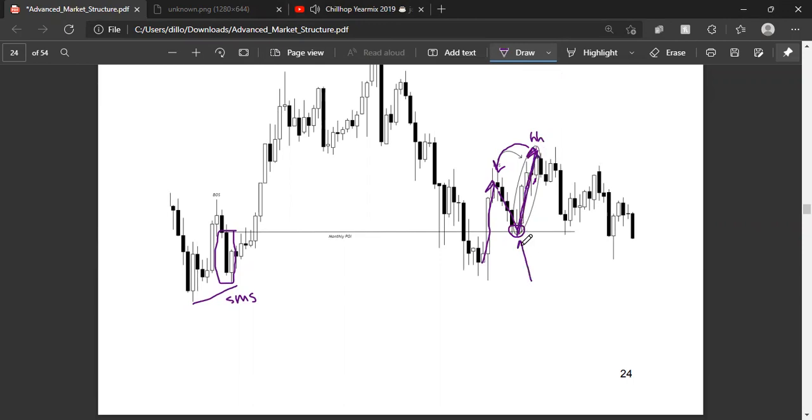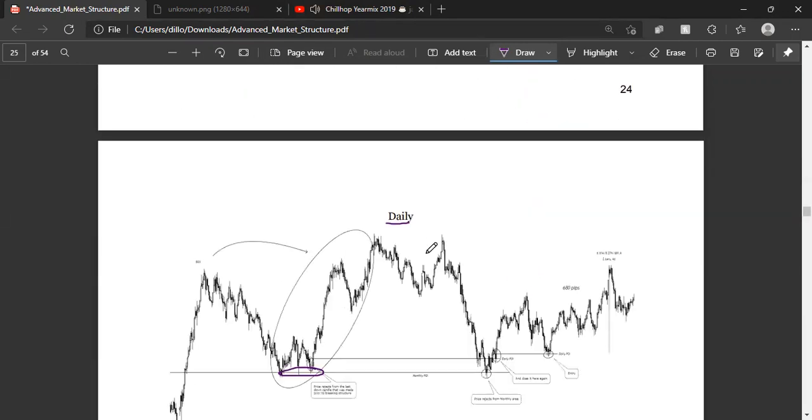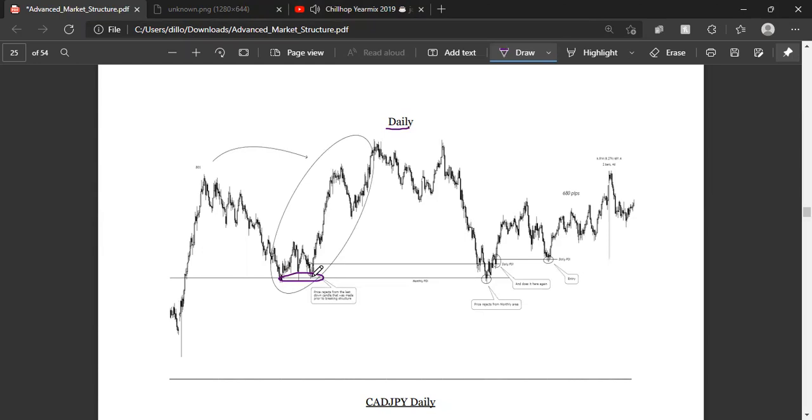So we're looking at this area right here on the daily, right? On the daily. So here is that huge break of structure, right? Went higher than this high. So back down in this area would be your demand zone.